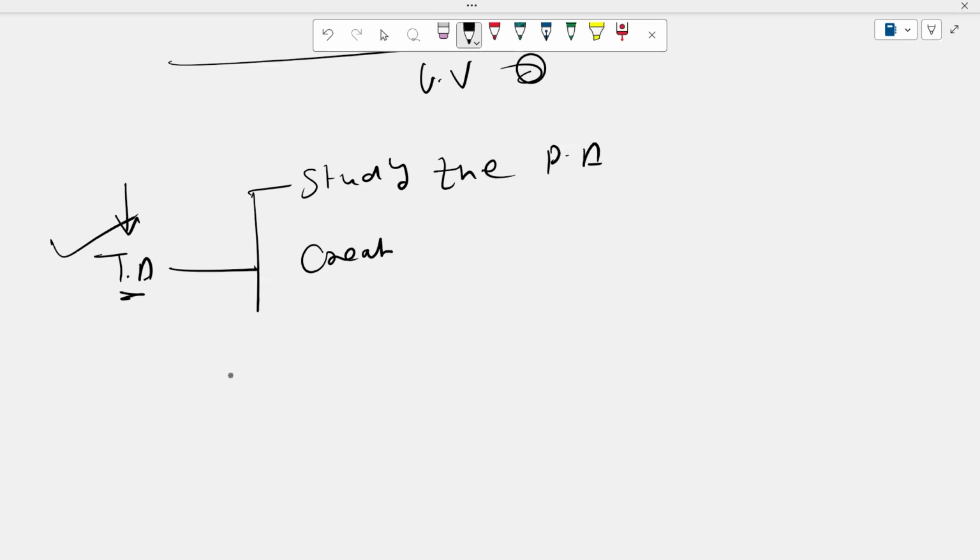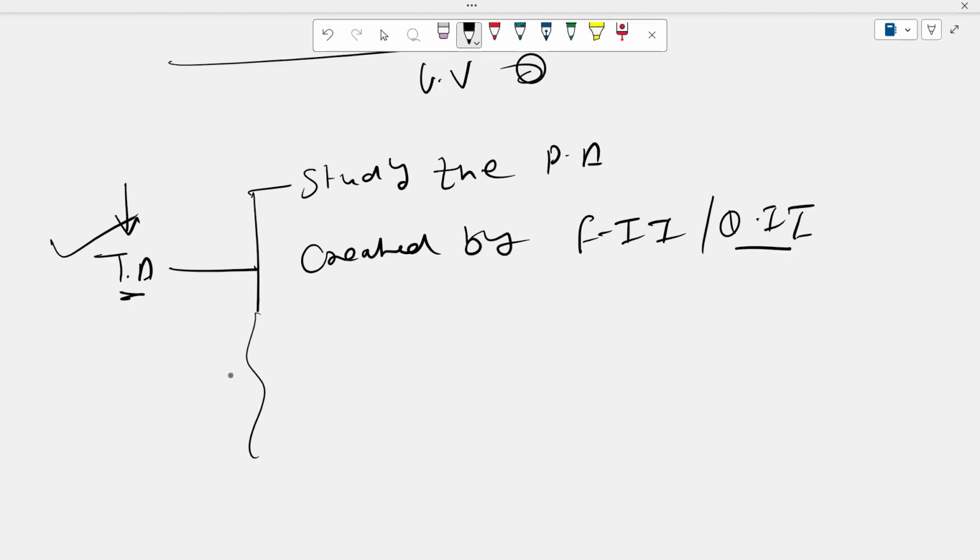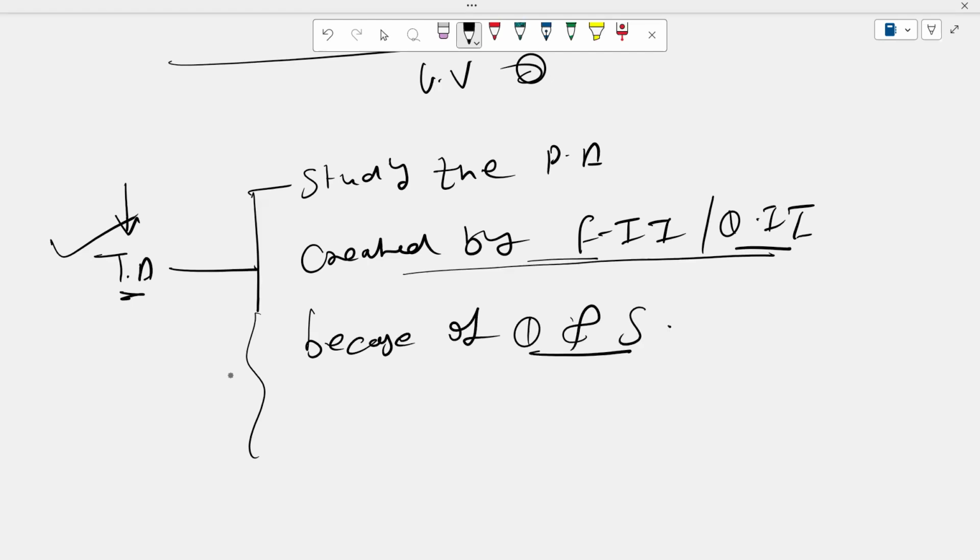Created by whom? Created by FIIs and DIIs. Why is this pattern created? Because research reports are published. They are buying the research report from a research analyst for lakhs of rupees. So this is created by FIIs and DIIs because of demand and supply of the stock, and they know exactly at what level the stock becomes undervalued and at what level it becomes overvalued.